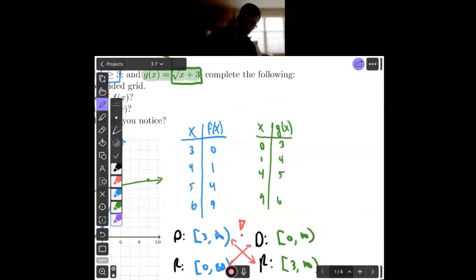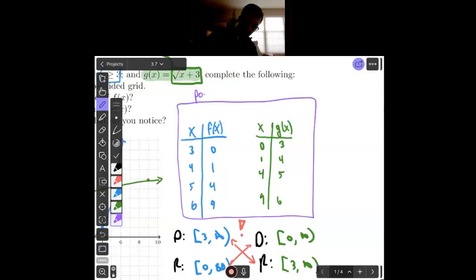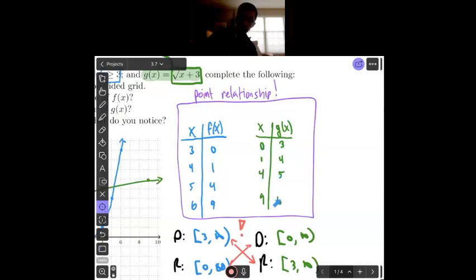Here's the point relationship. Okay, (3, 0), (0, 3), (4, 1), (1, 4), (5, 4), (4, 5), (6, 9), (9, 6). Okay, the x's here are the y's here. The y's here are the x's here.